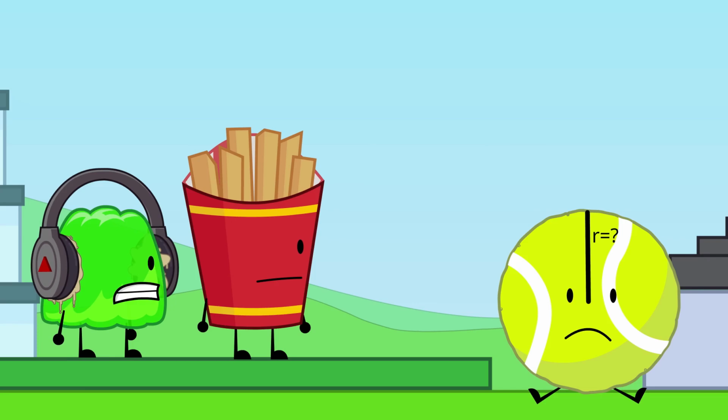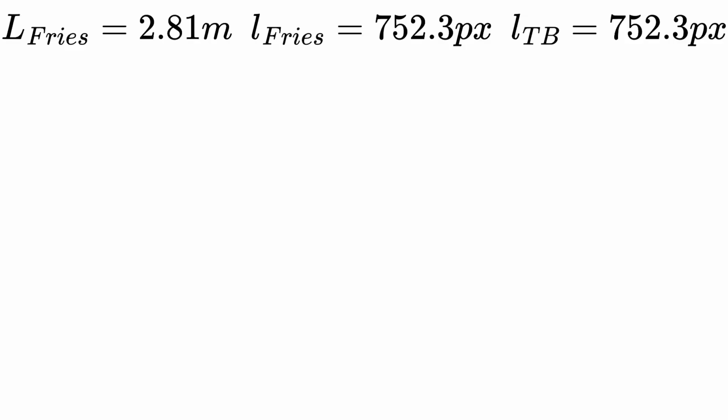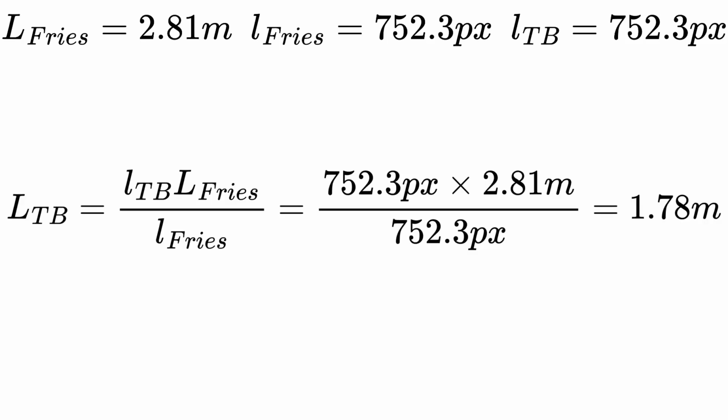By putting the frame on GeoGebra, we find that TB has a radius of 477.7 pixels, while the side of Fries has 752.3 pixels. By using the length formula, we find that TB has a radius of 1.78 meters.